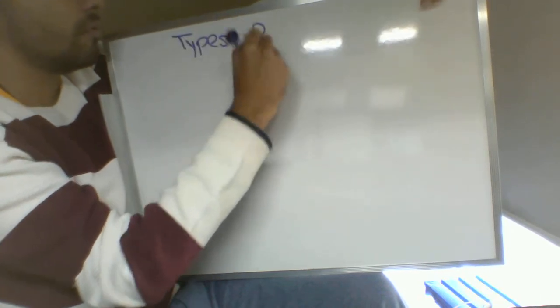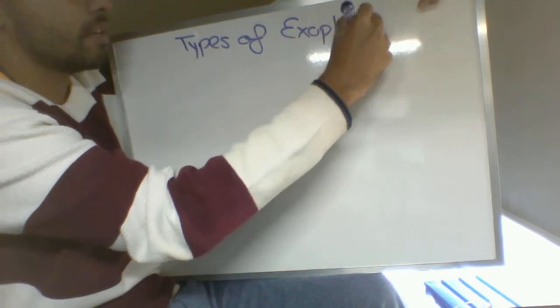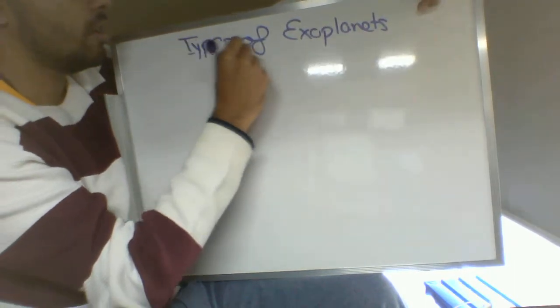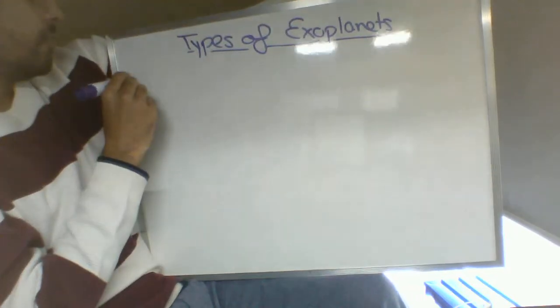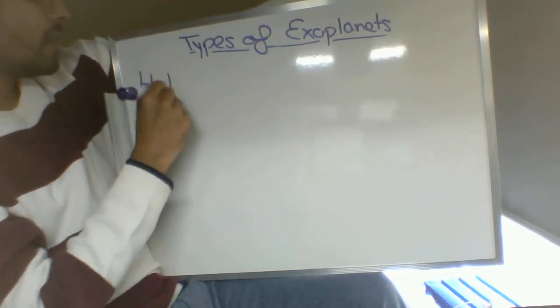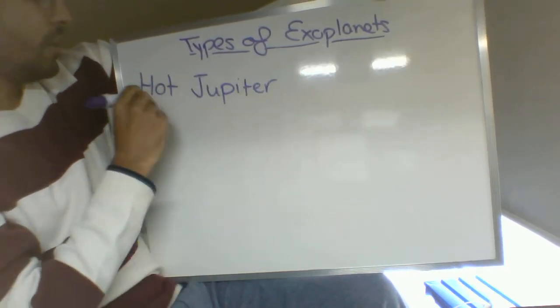Types of exoplanets. So there are several types of exoplanets. We're just going to talk about a couple of them really quickly. One of them is hot Jupiters, and basically that's pretty much what it sounds like.